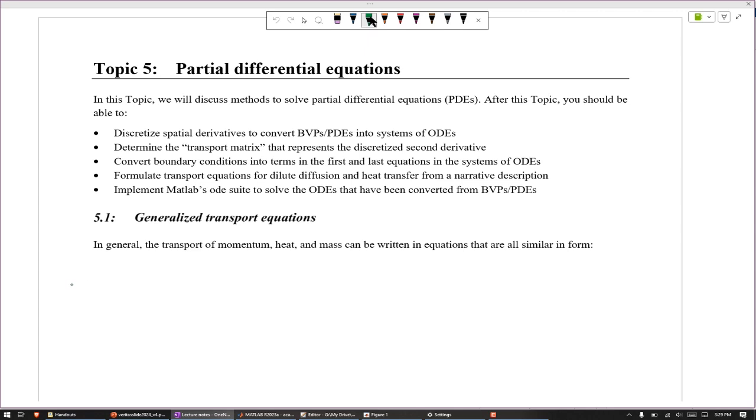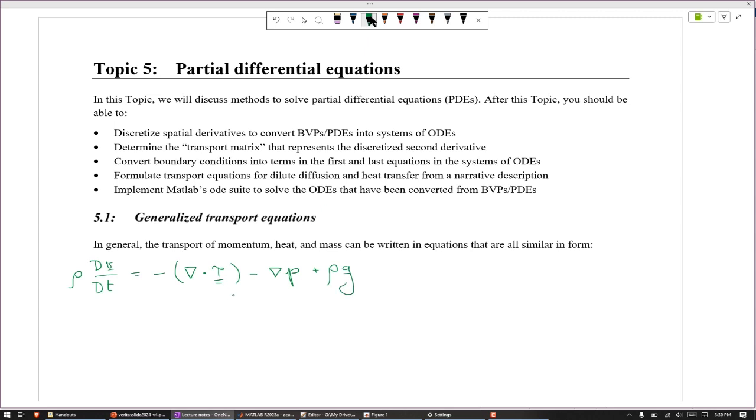So in general, you have the transport of momentum, heat, and mass, and they're all written in very similar looking equations. So your momentum equation will be rho times your total derivative, capital D V dt, that's your total derivative of your velocity, is equal to minus del dot your stress tensor minus the gradient of your pressure plus rho times the vector of the acceleration of gravity.